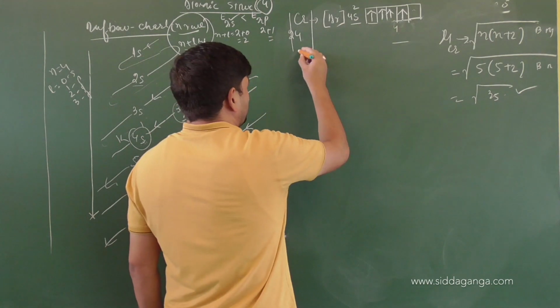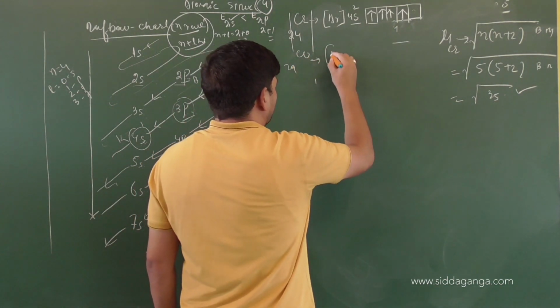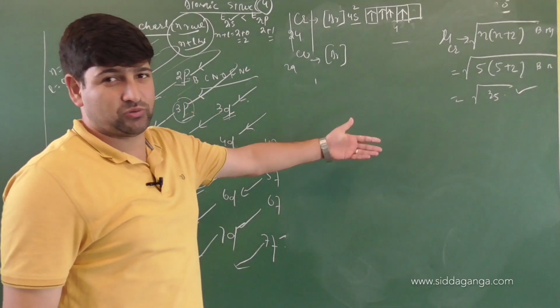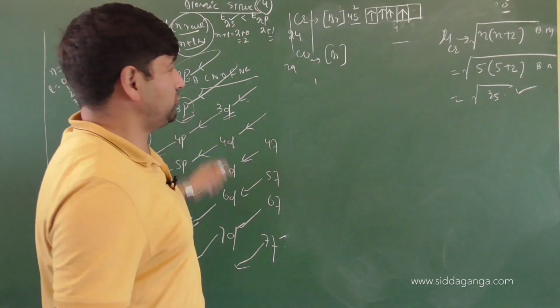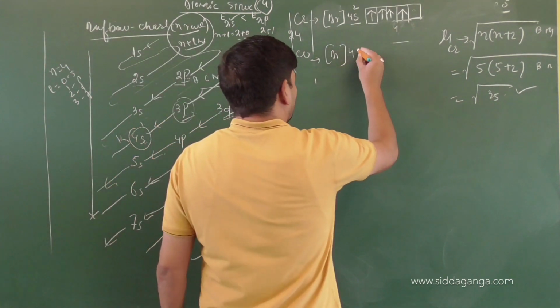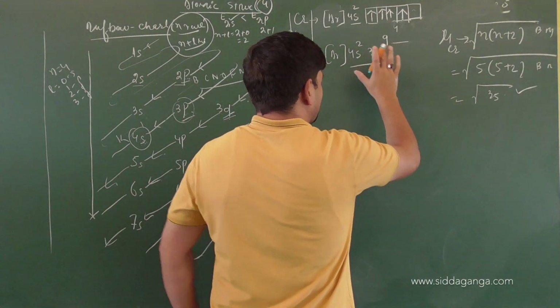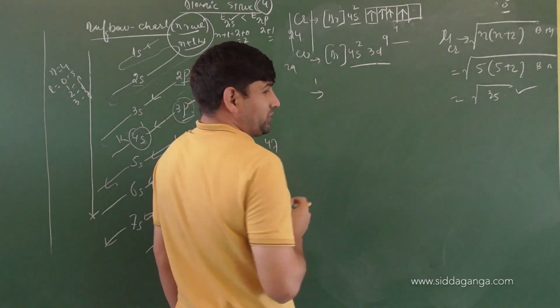Atomic number is 29 for copper. So electronic configuration should be, children, argon. Hope you are understanding. Argon means 18. 1s2, 2s2, 2p6, 3s2, 3p6. Argon over. Then you will have 4s2, 3d9. It should be the basic electronic configuration. But children, we know if d gains one more, it will be stable or not?